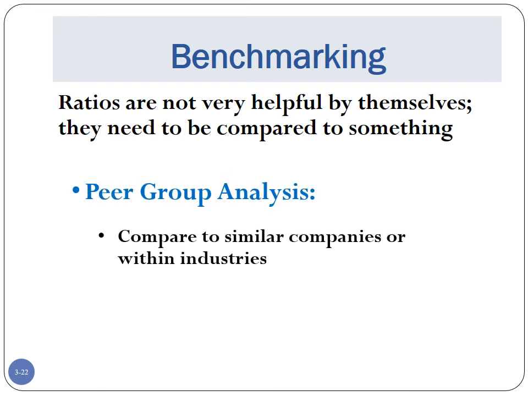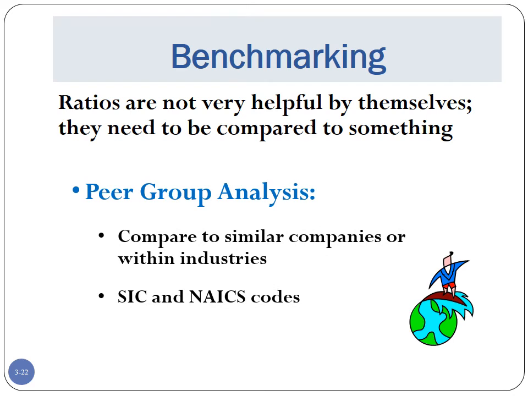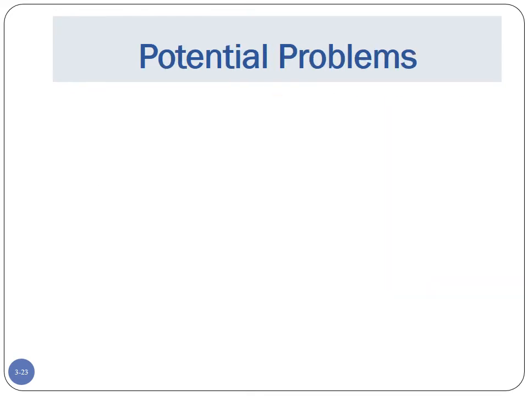For peer group analysis, benchmarking is good because you can look at similar companies or within industries by SIC or NAICS codes, and these are simply indexes of types of industries within the world. So from an external viewpoint, we can see how well the organization is doing overall within its industry, and then from an internal viewpoint, we can see how well the organization is doing over time.